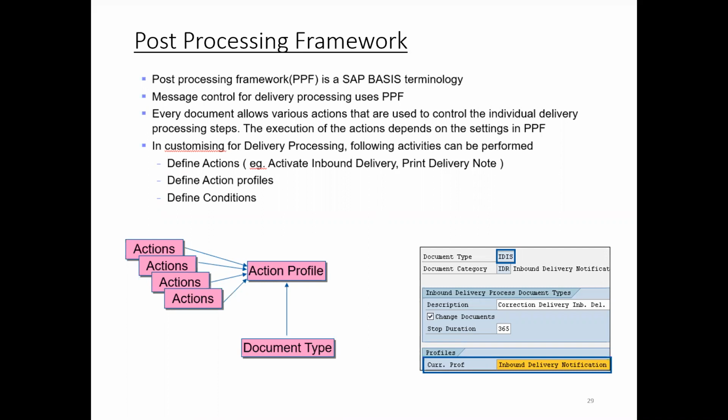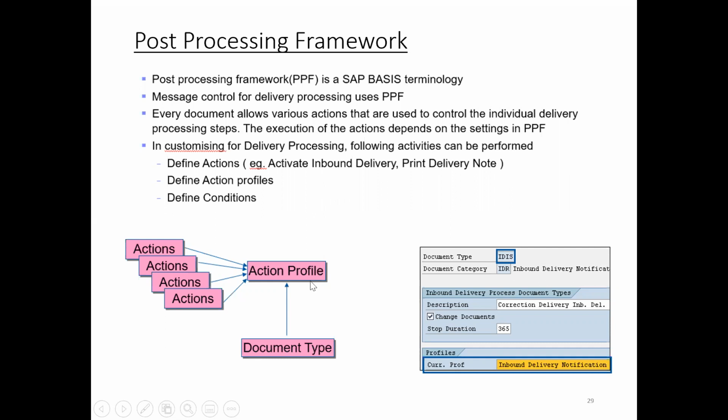You have defined the fixed bin and you want the goods directly to go into the fixed bin. In that case, you have the action profile for the inbound delivery, because that is coming for the inbound delivery. And then in the action profile, you have the action definition. So action definition is for the automatic warehouse task creation.